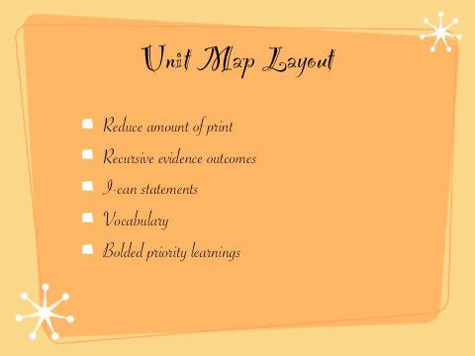For each content, we put a section for the current unit only and a section for the recursive outcomes taught all year. Under the knowledge section, we listed the knowledge as I can statements for the students. We significantly reduced the amount of vocabulary. Our hope is that the priority learnings remained bolded throughout the editing process.